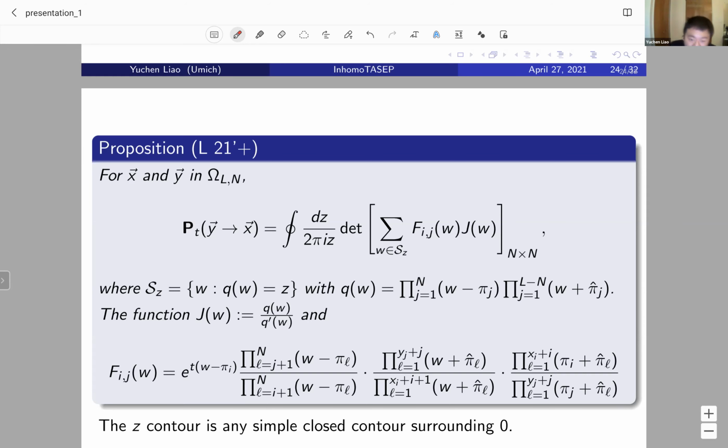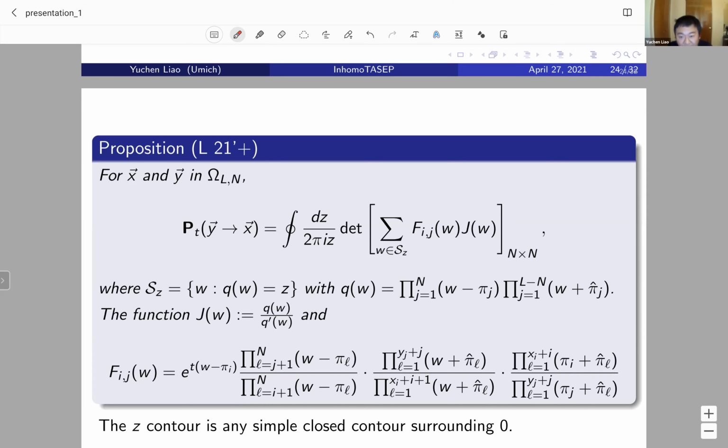So if you're familiar with Schur's formula, you see this thing does not appear in Schur's formula. And another difference is here you have a discrete sum. If you compare it with Schur's formula, the entries are given by continuous contour integrals.